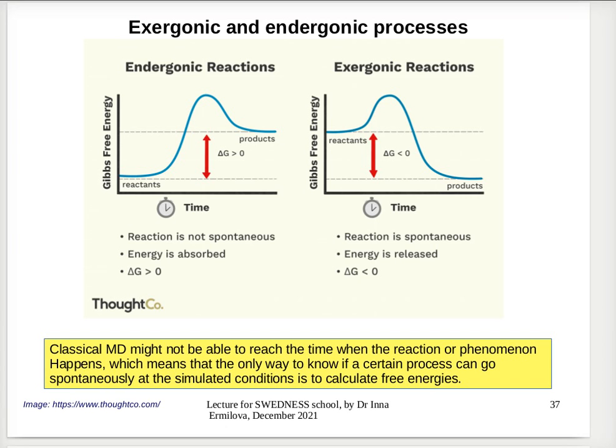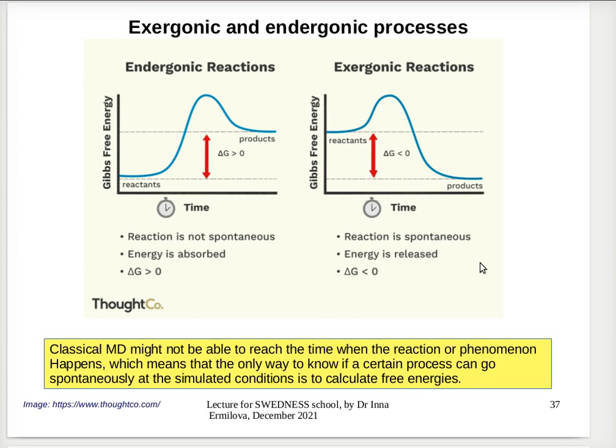And so out of the free energy value you can see that if the Gibbs free energy is positive, then the certain process or reaction can go spontaneously at the studied condition. If the Gibbs free energy is negative, then the process can go spontaneously.